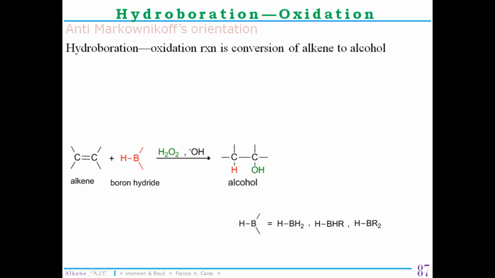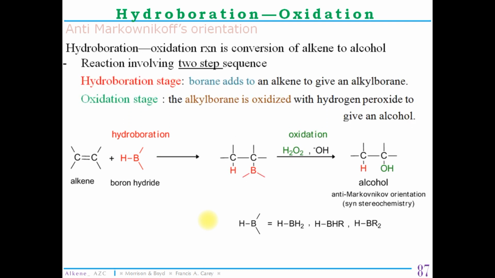Next reaction is hydroboration oxidation. It is conversion of alkene to alcohol using borane or boron hydride and hydrogen peroxide. Usually this reaction has two-step sequence. First is hydroboration stage, where boron adds to alkene to give alkylborane.